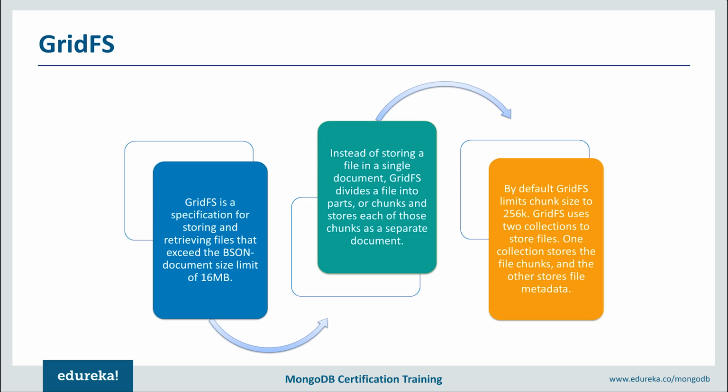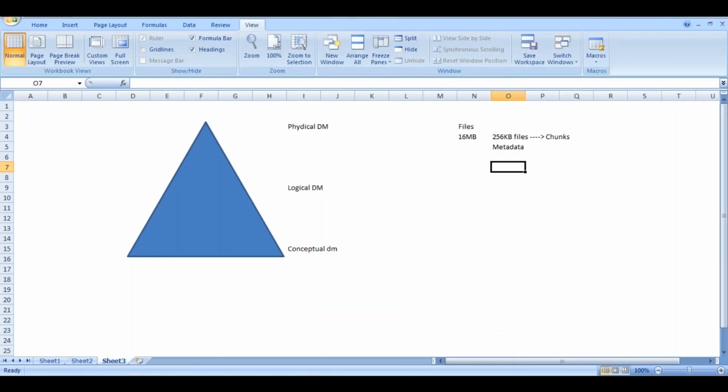that is metadata. So whenever the user asks for your data, it will automatically collect the data and send it back to the user. So GridFS is the one which will break the file into equal number of chunks of 256 KB each and maintain 2 different collections, one for storing the file and another for storing the metadata.